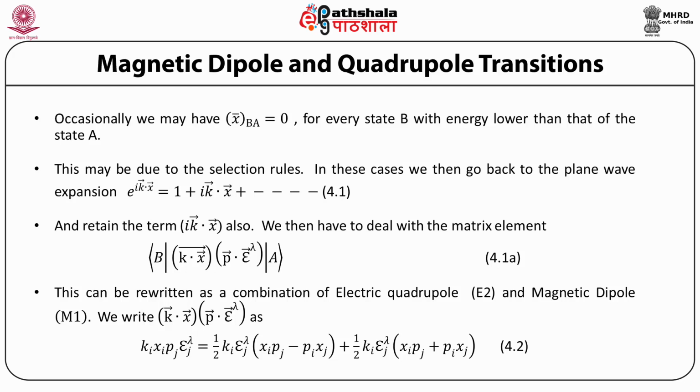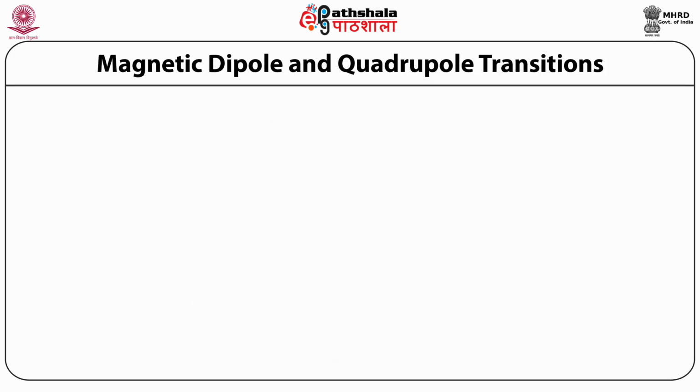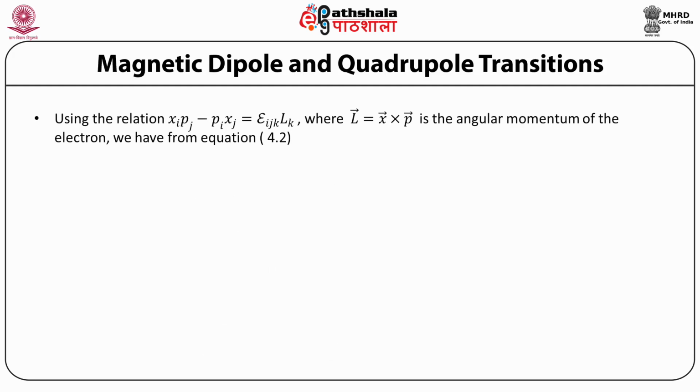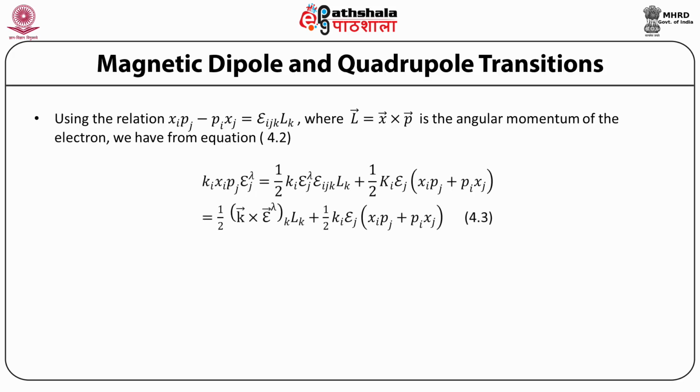We have really subtracted and added the p_i x_j term in the two terms. Using the relation x_i p_j minus p_i x_j is equal to the angular momentum epsilon ijk L_k, where L vector is x vector cross p vector, the angular momentum of the electron, we have from equation 4.2, k_i x_i p_j epsilon lambda j is equal to half k vector cross epsilon lambda vector, k component into L_k, plus half k_i epsilon_j into x_i p_j plus p_i x_j.